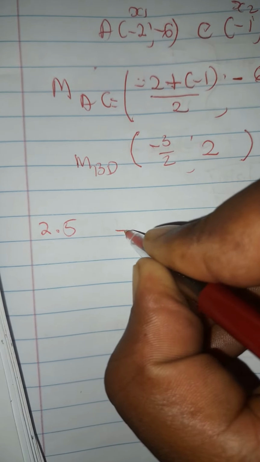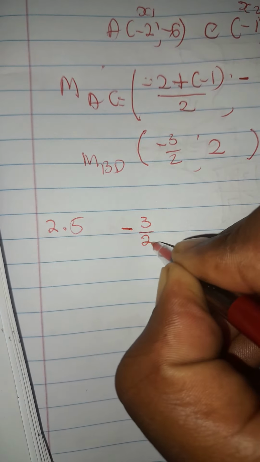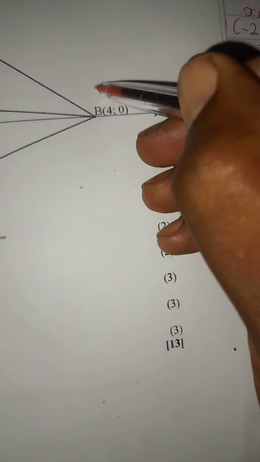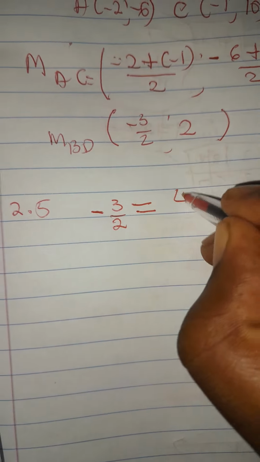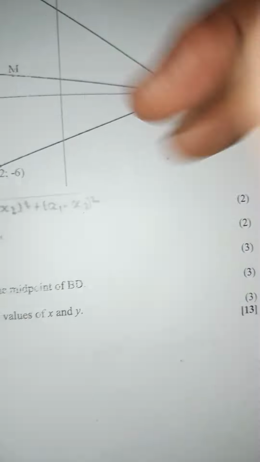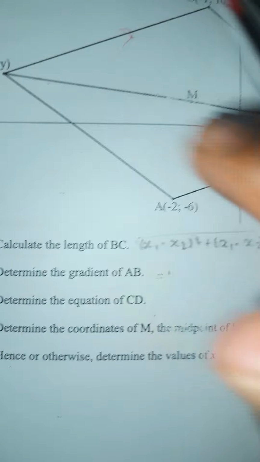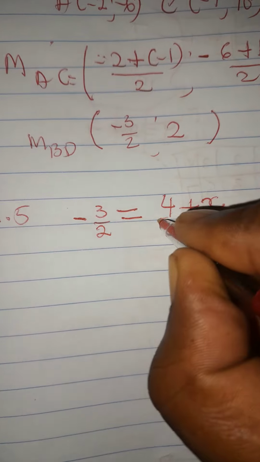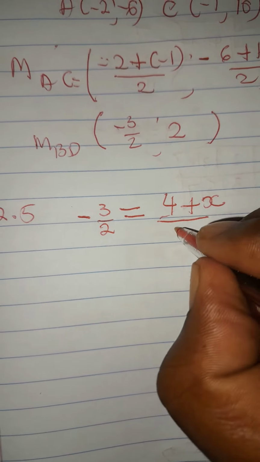We have x, which is negative 3 all over 2, which will be equal to, we'll use these coordinates. We'll take the x value here, which is 4, so it will be 4 plus the corresponding x value of D, then we divide by 2.